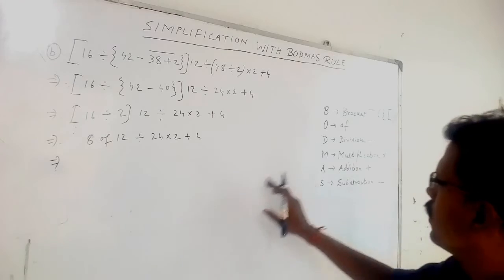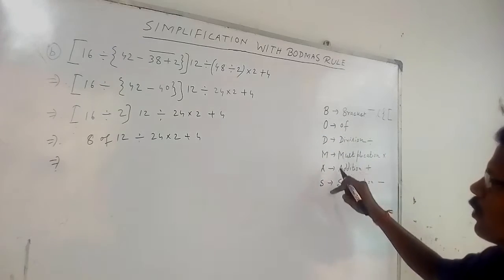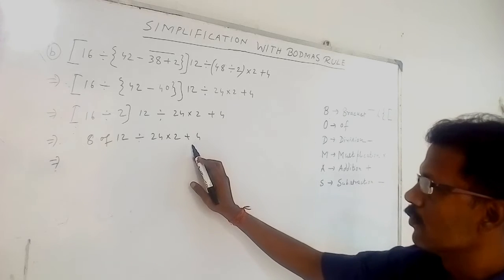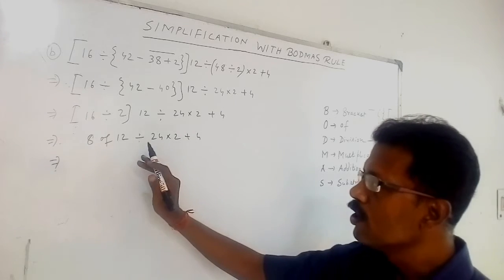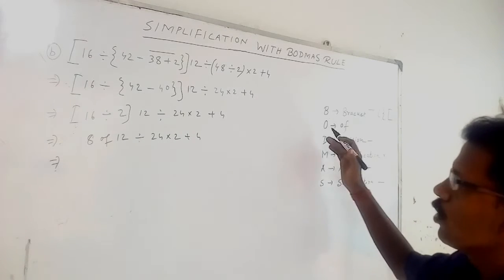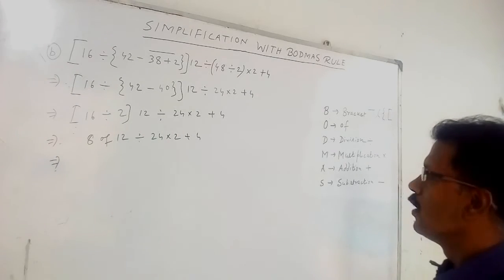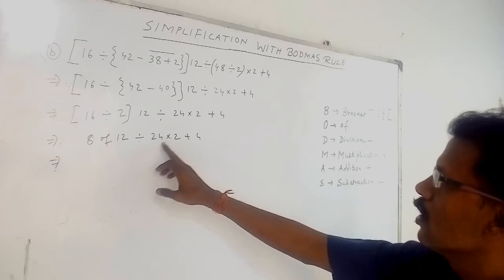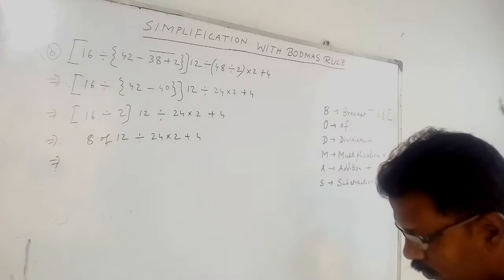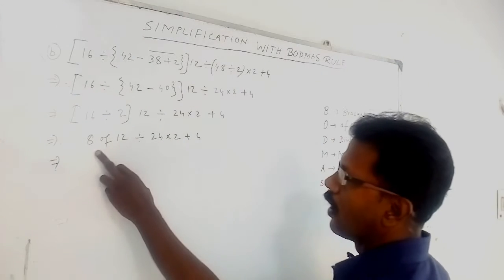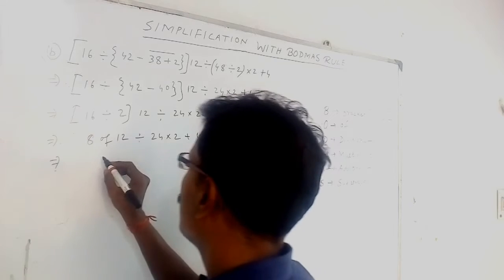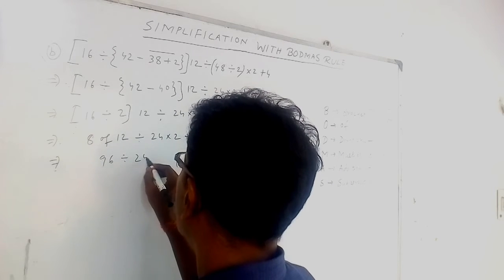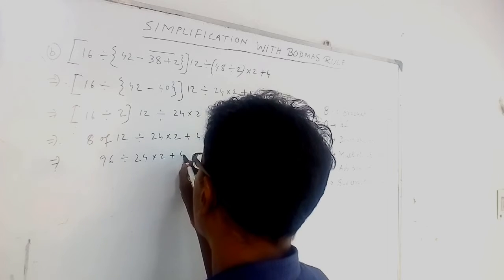Now look at the BODMAS rule. Among of, division, multiplication and addition, which operation should be done first? First it is of, then division, then multiplication, then addition. So first, 8 twelves are 96. Next, 96 divided by 24 into 2 plus 4.